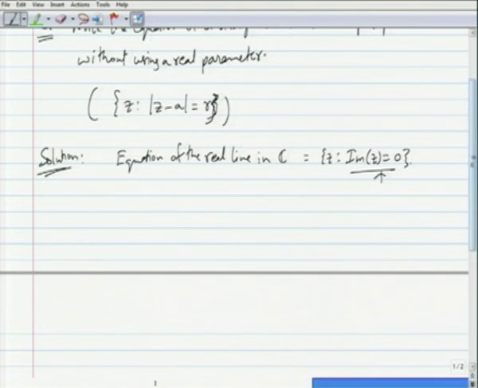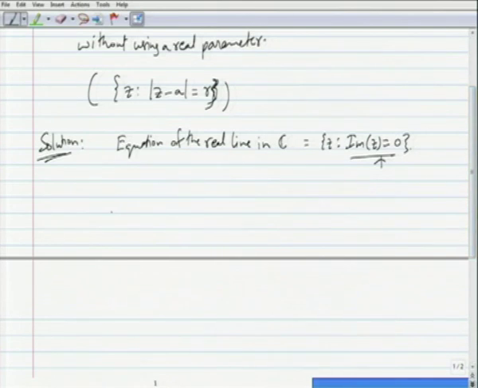Now let us try to see a general straight line in the complex plane. It is the locus of all points z such that z equals alpha plus beta t, where t belongs to R. Any straight line has to look like that.